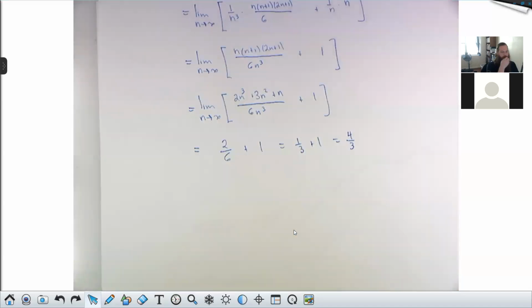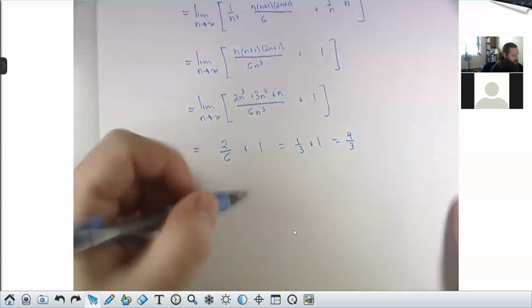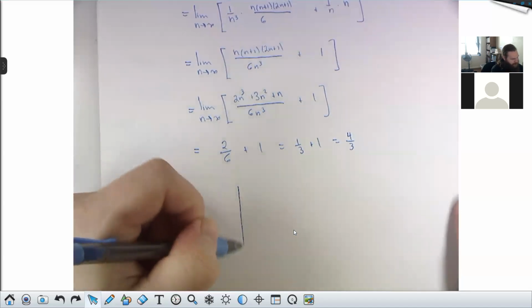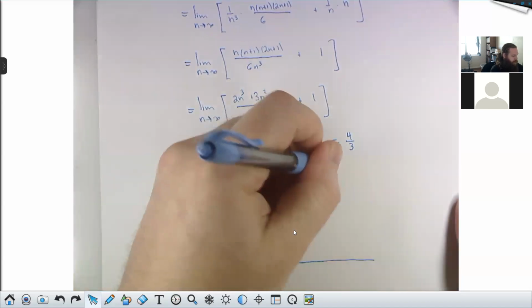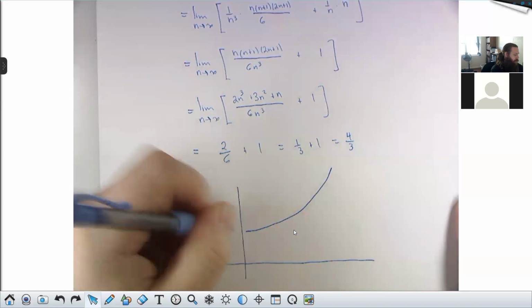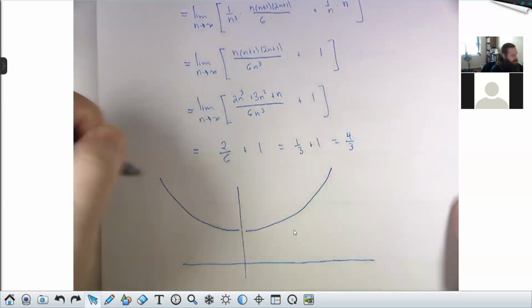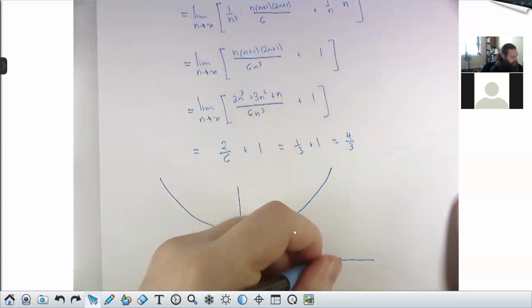So the exact area under x squared plus 1, we can look at this. Here's x squared plus 1 from 0 to 1.